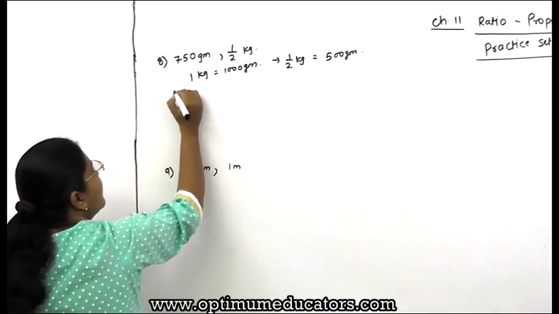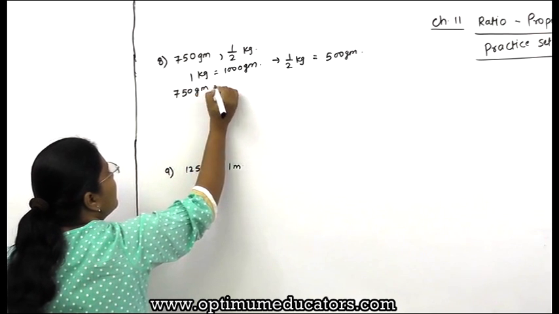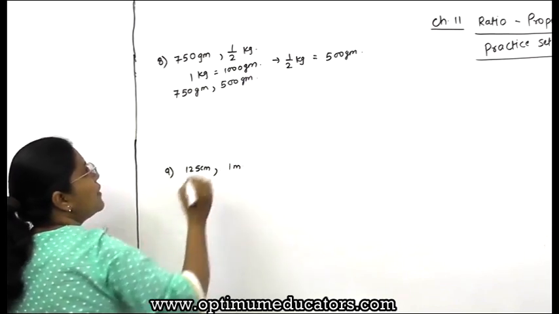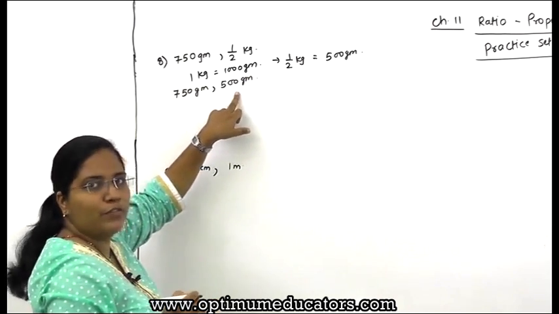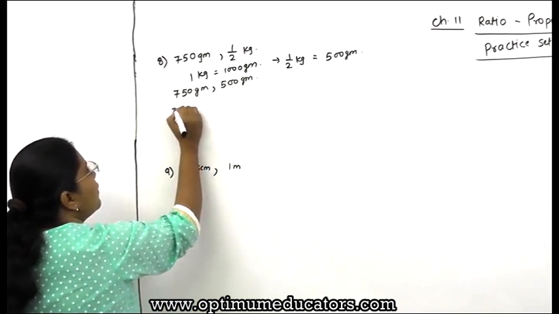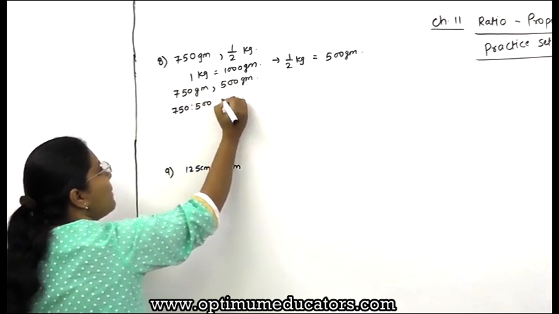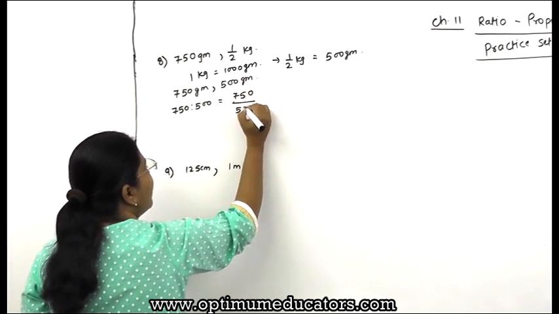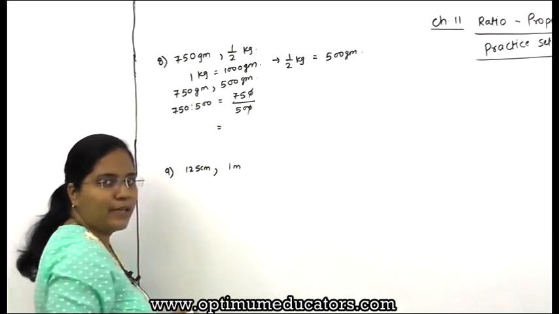So instead of half kg, I will write 500 grams. Now isn't it easy? Isn't the unit the same? With both quantities it is gram. So it is 750 is to 500. It is 750 upon 500. Now at the unit place I have 0, so I can very well cancel it off.